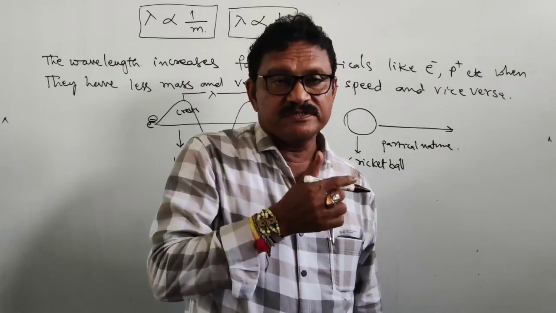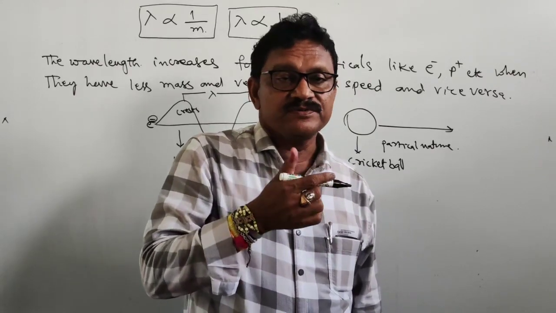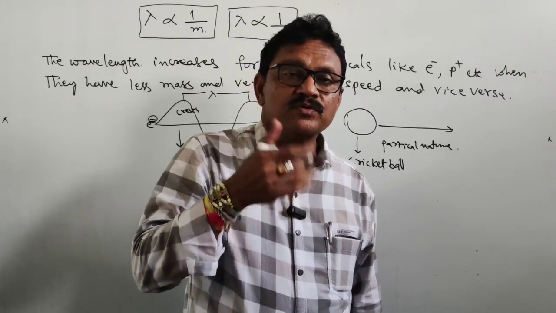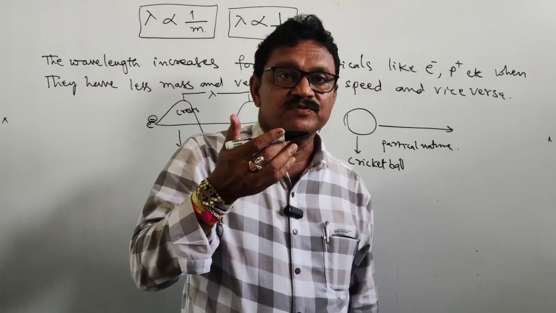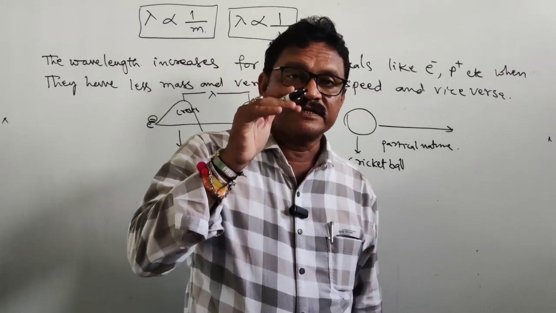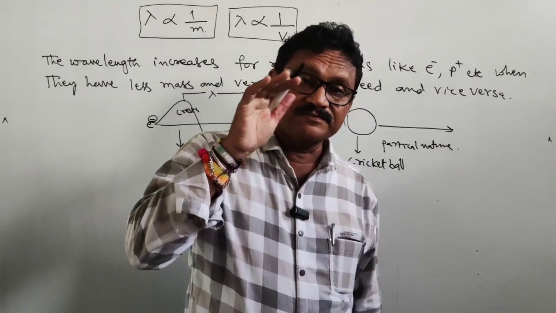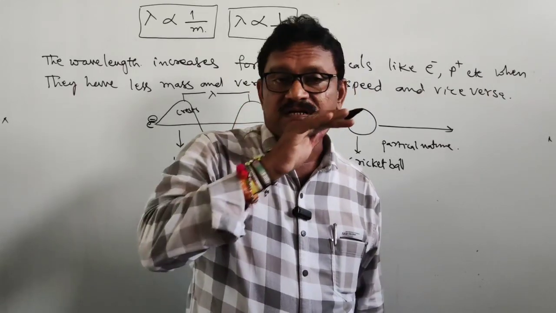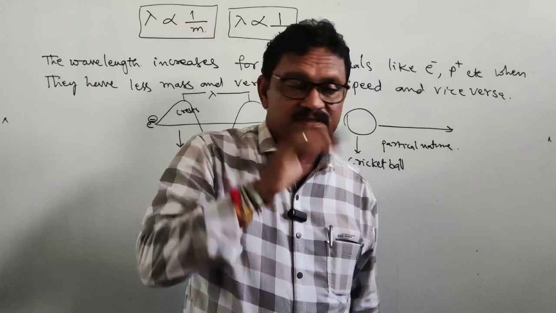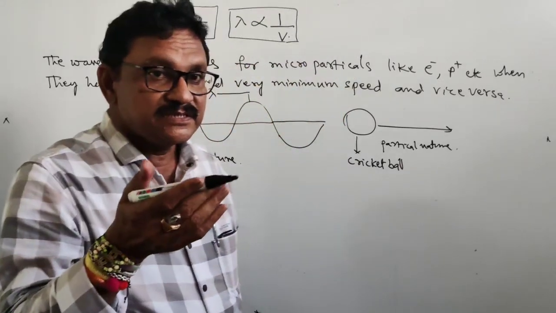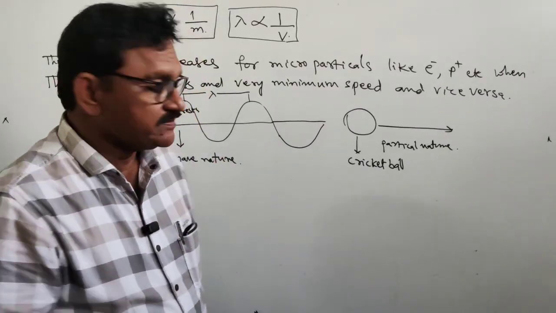So de Broglie's wave equation ruled out the Bohr concept. At that time, he thought the electron is a particle, but that is not right. That is disproved by de Broglie's concept.